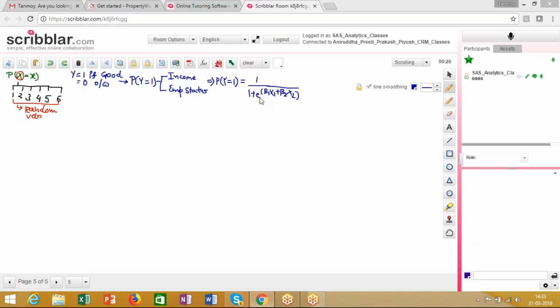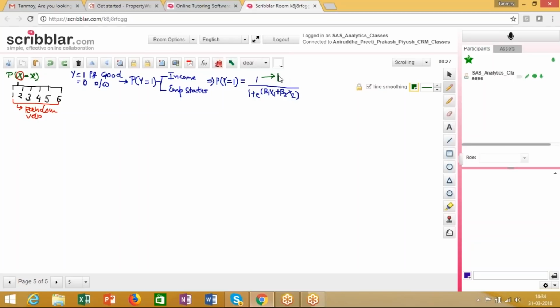I am just using this example to demonstrate the concept of the probability mass function or probability density function. Since x1 and x2 can be continuous variables, this is a typical example that I have created of a probability density function.